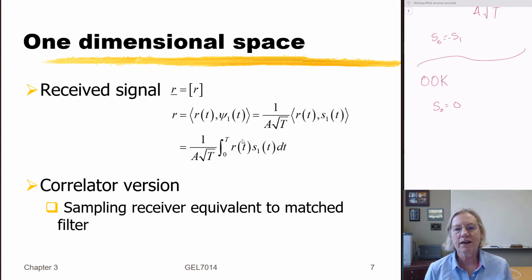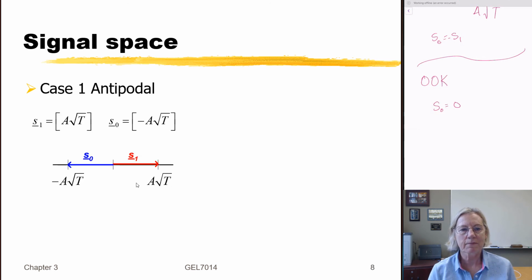It's used for S1, and the negative is used for S0. So very simple. I take the received waveform R of t, and I calculate this correlation with the waveform. And again, we've already seen that the sampling receiver would have had us do a filter followed by a sampler, but that's exactly the same result as this correlator version.